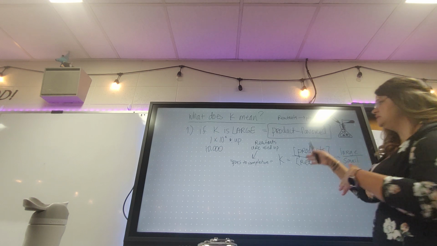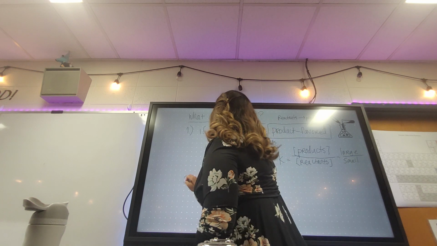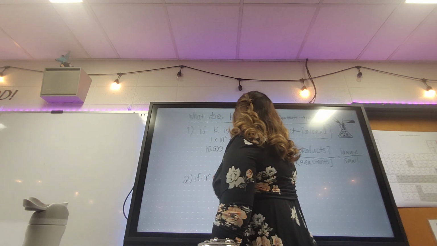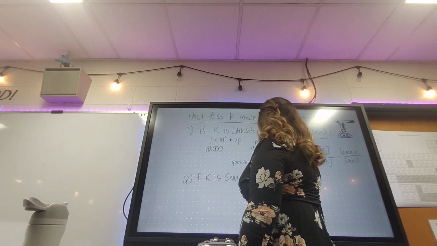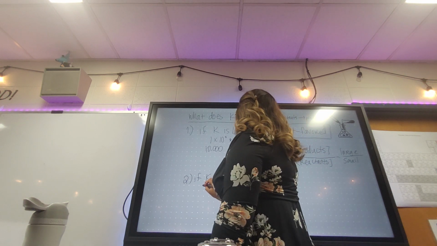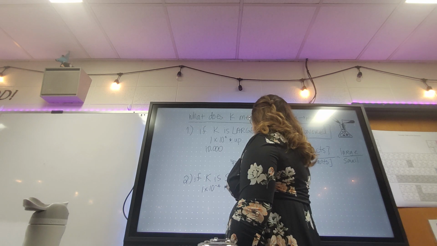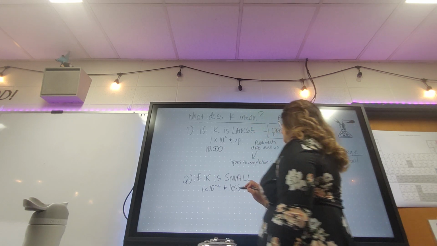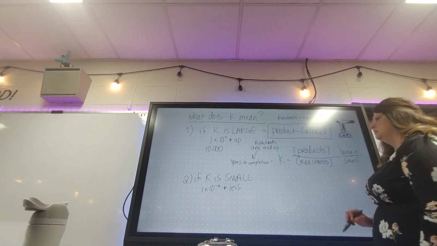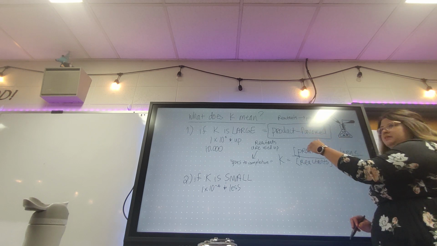Okay, so if this is true, the opposite is also true. If K is small, and we mean small, so like 1 times 10 to the minus 4 and less. If K is large it means that it's product favored.